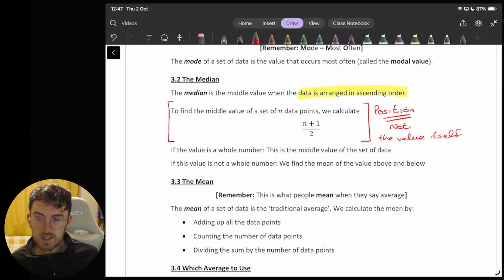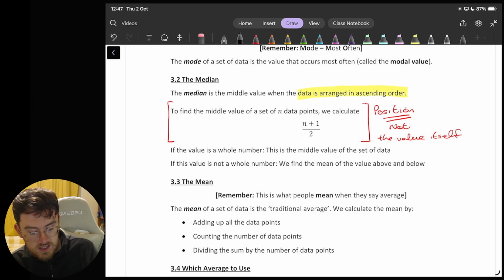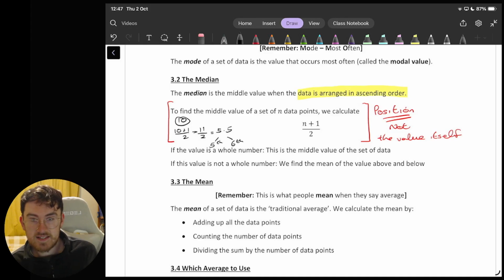We're going to look at calculating all of these in one large example, but it's important to remember that idea. So the way that I would use this little trick is, let's say we had 10 data points, then I would do 10 plus 1 over 2, which is 11 over 2, which is 5.5. What that would tell me is I need to look between the fifth and the sixth.